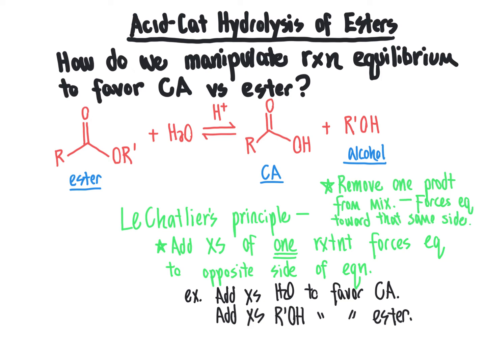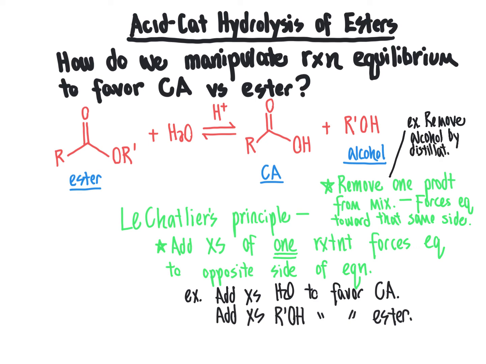And an example of that in play is if we were to say we wanted to favor creating the carboxylic acid product. We could, assuming the alcohol has the lowest boiling point of any of the substances here, remove the alcohol by distillation, by boiling.